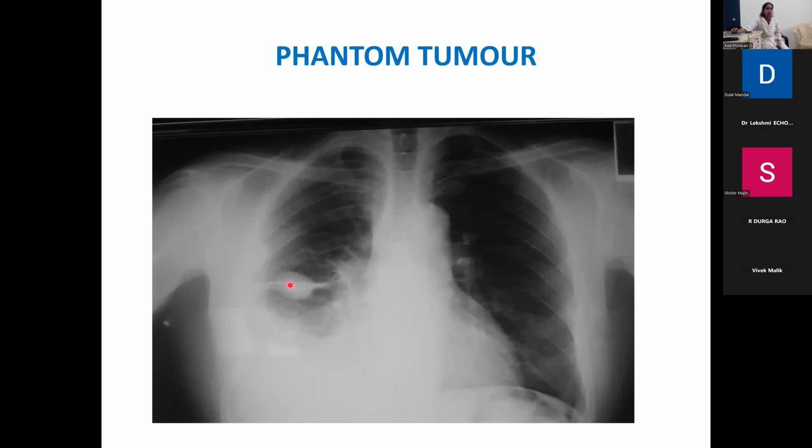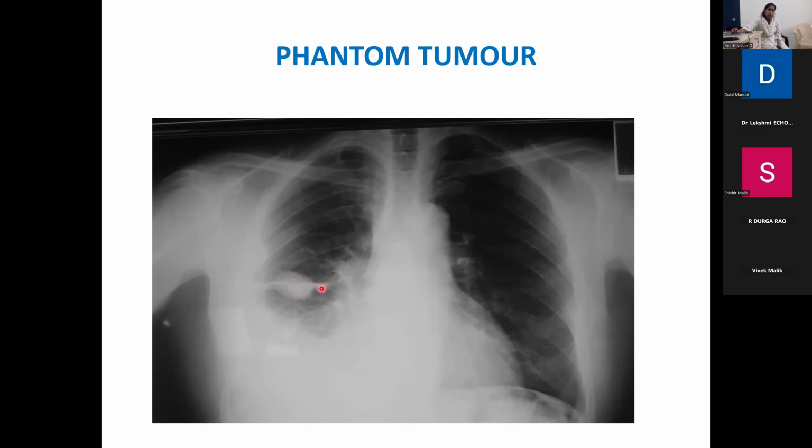Now again here there is an opacity, very well defined, smooth, almost like a cyst it appears, but this is not a cyst. There is an effusion: the CP angle is blunt, and there is a slight meniscus sign present.